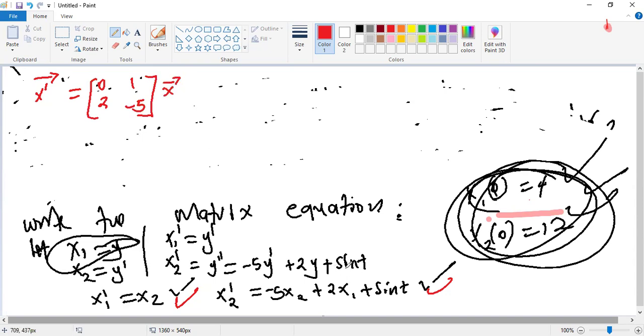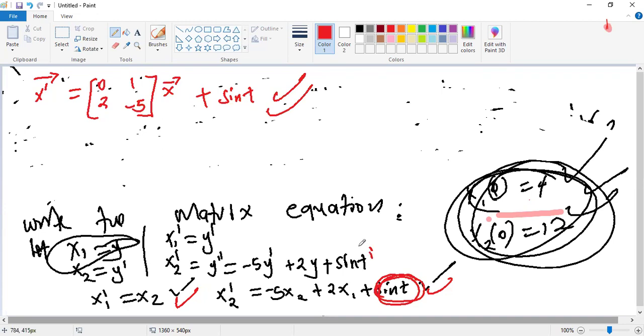Now notice we still have something left out that we have not accounted for, which is our plus sine t, which is basically standing on its own. So this is what we have in this particular case. It's a little bit different because of this here. I hope you guys see how exactly we go about it.